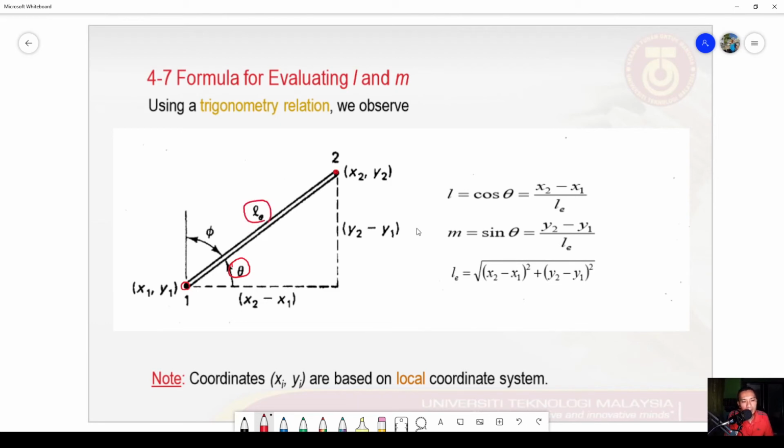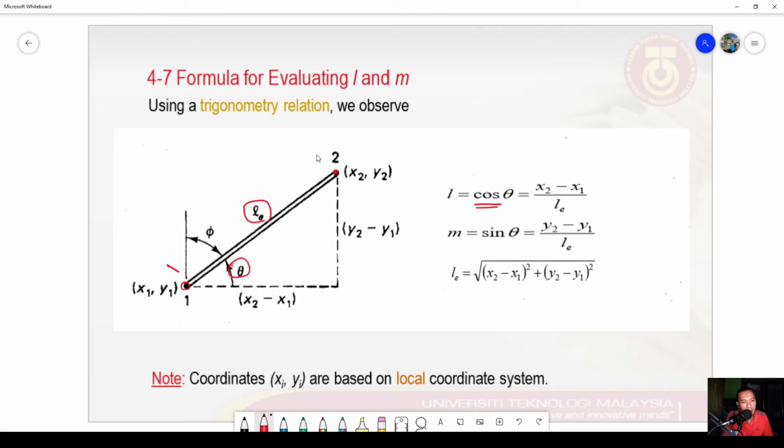So by using simple trigonometry relations, for the figure that we have here, we can build the expression for cos theta, which is given by x2 minus x1 divided by the length of our element.